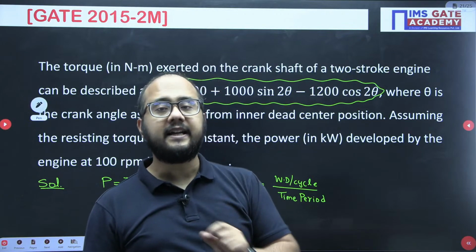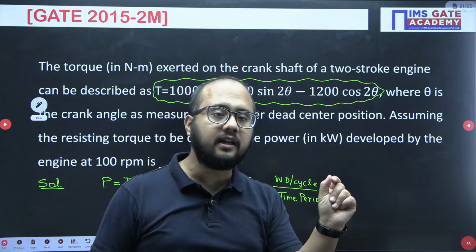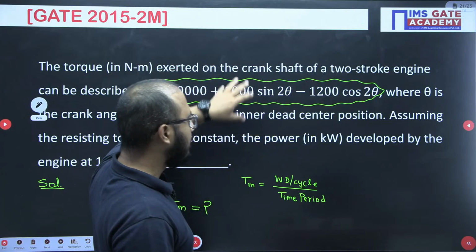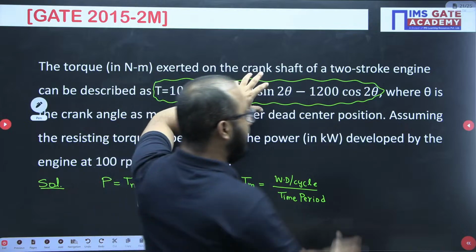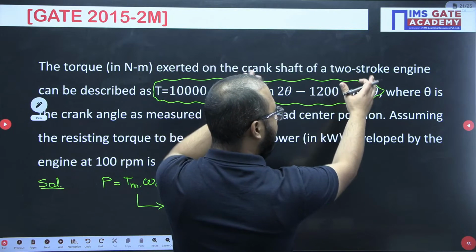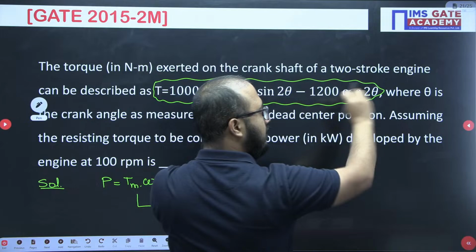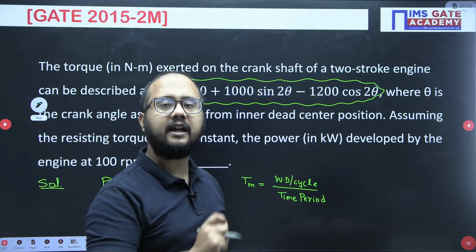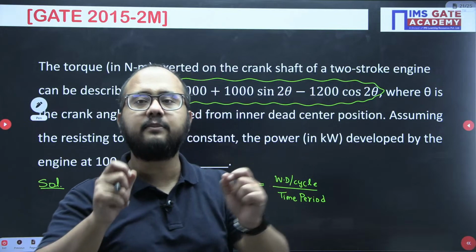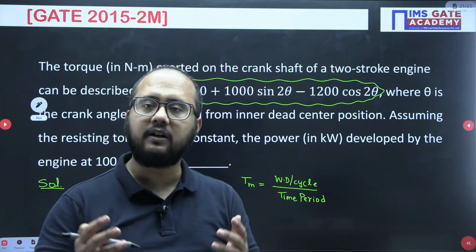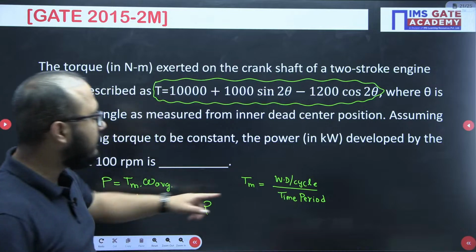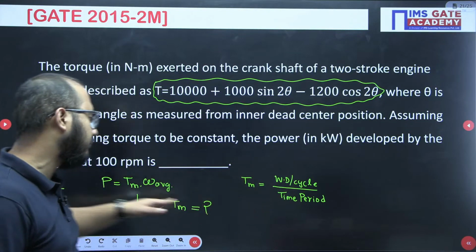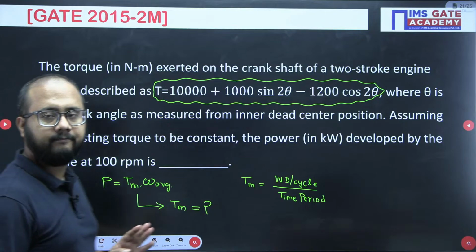So I calculate the individual time period of each expression, then for both expressions I take the numerators and write the LCM, and take the denominators and write the HCF. LCM divided by HCF will be our time period here. Accordingly, you get the time period, calculate the work done per cycle, then put the mean torque value here, and you will get the answer.